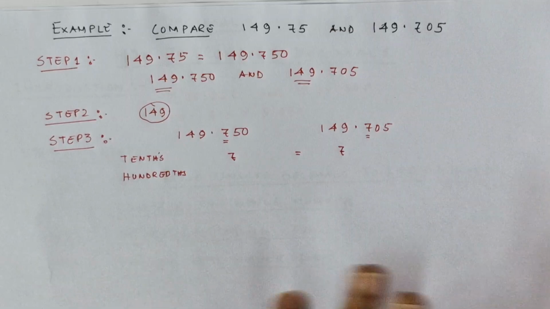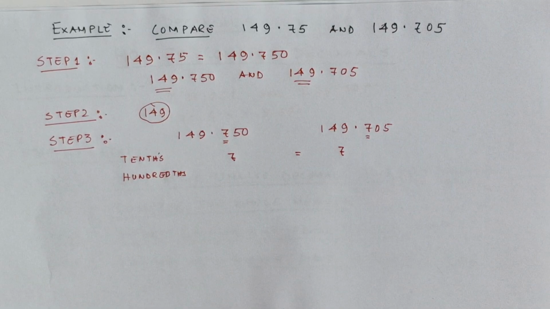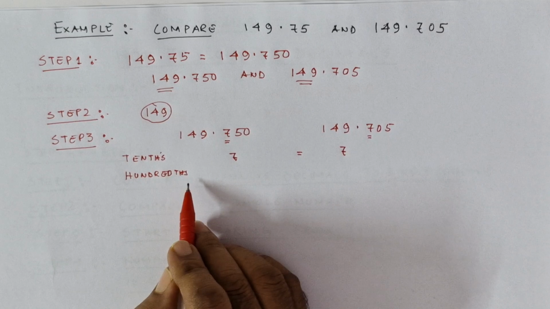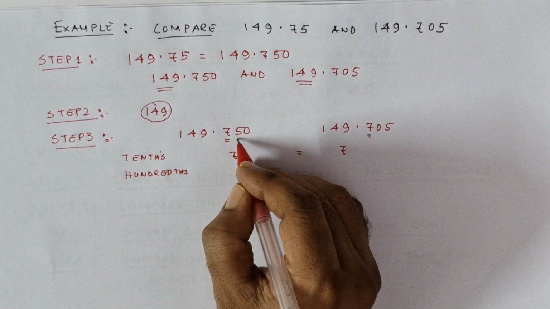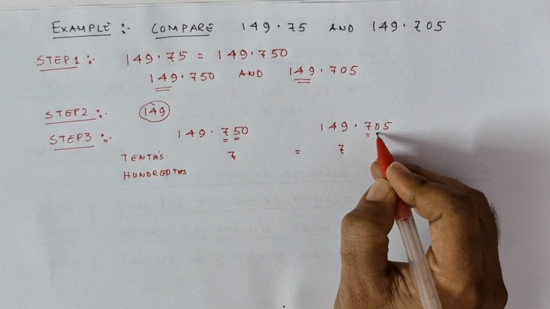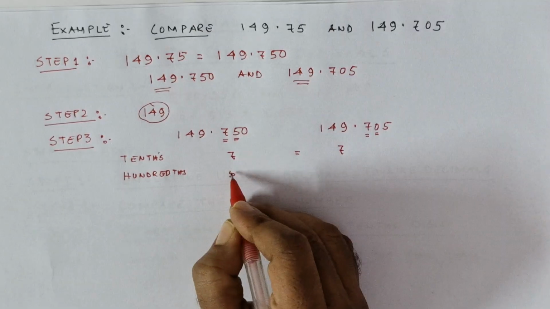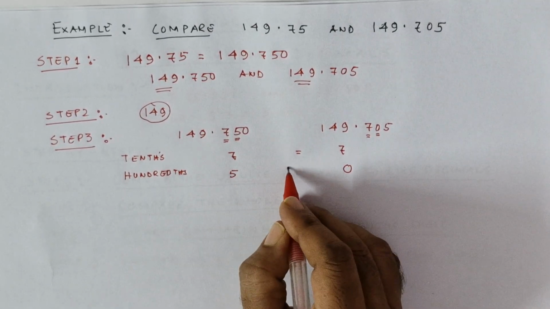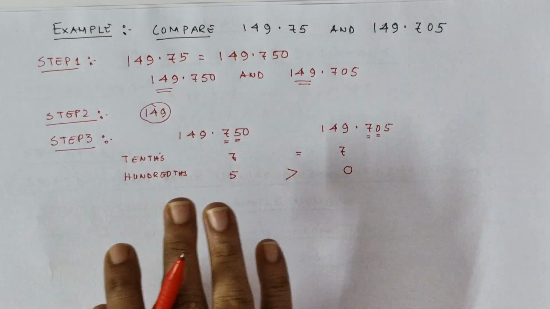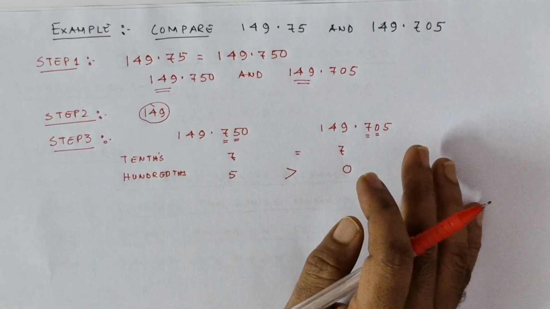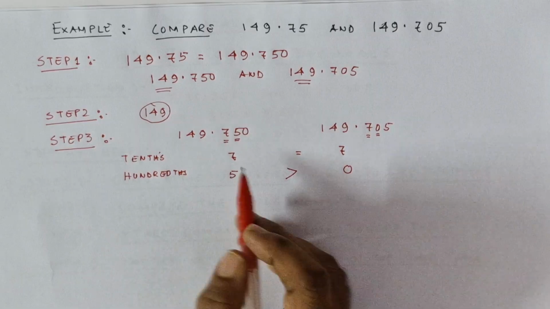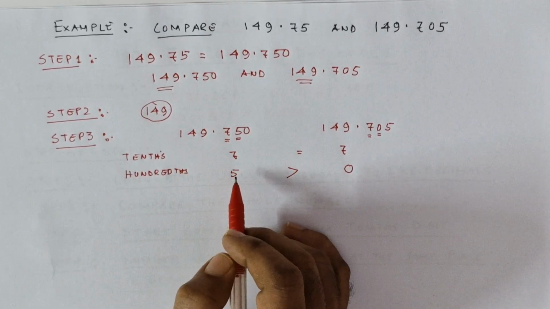The tenths places are the same, so we still don't know which is greater. Let's go to the hundredths place: it is 5 here and 0 there. Now 5 is greater than 0, so we don't need to check the third digit.